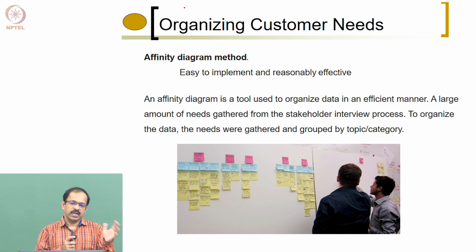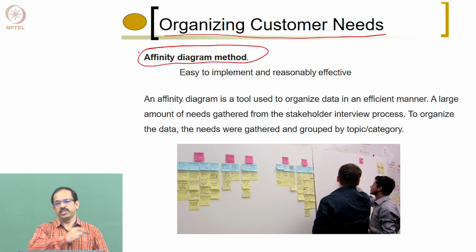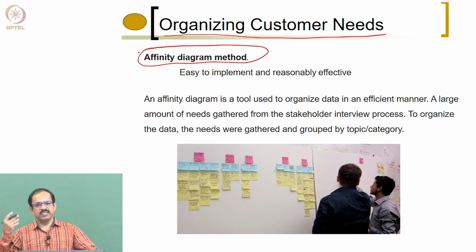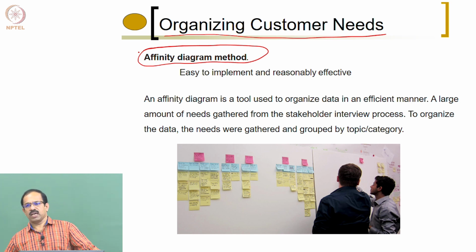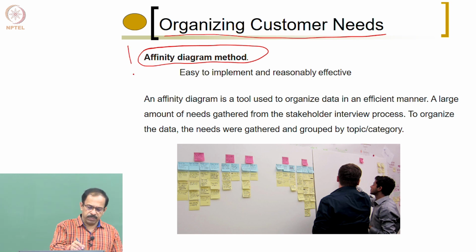Because 100 customers will be giving different needs, and how to identify all these needs in a proper way is basically known as organizing the customer needs, and we use something called affinity diagram methods to do this. To categorize the customer needs and then sort out the customer needs, we use a method called affinity diagram methods.